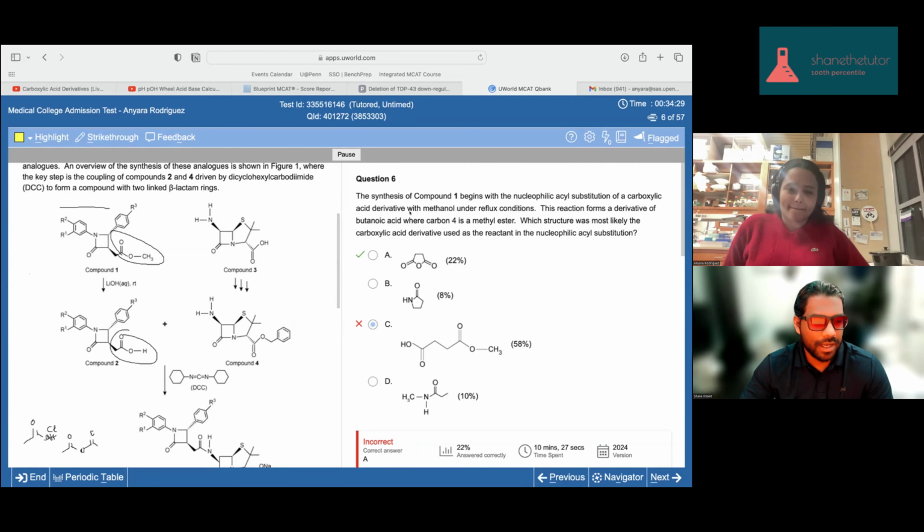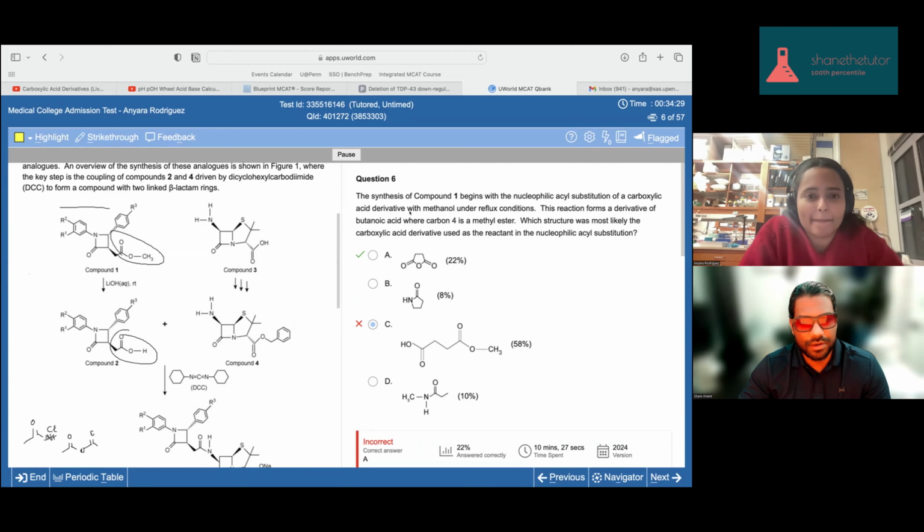You could have the amide and then you can have the ester as well. And the reactivity will be in order of decreasing reactivity: acid chloride, which is the most reactive, followed by anhydride, followed by esters, and then lastly amides.